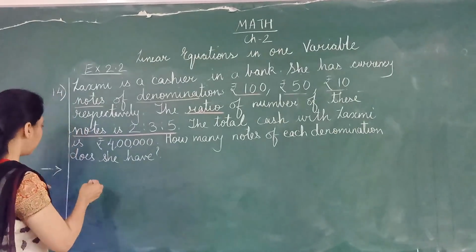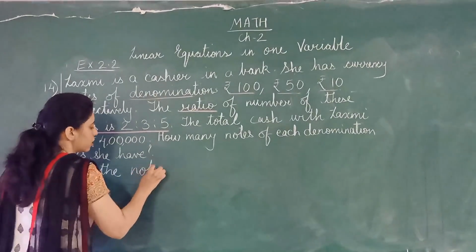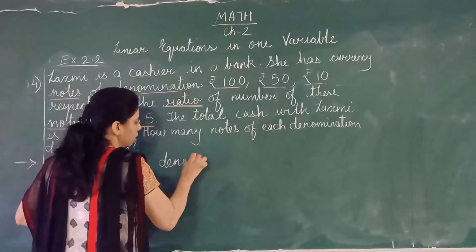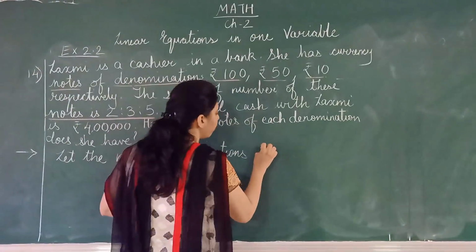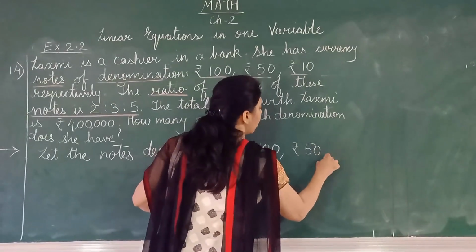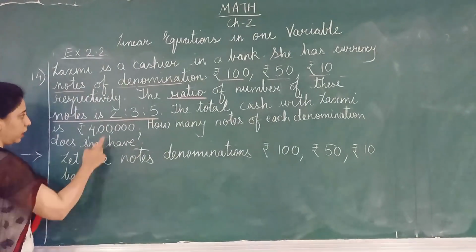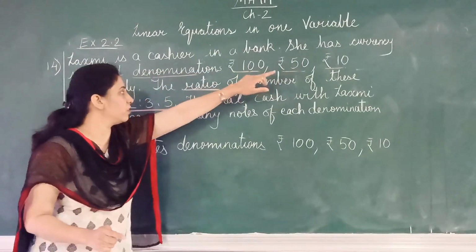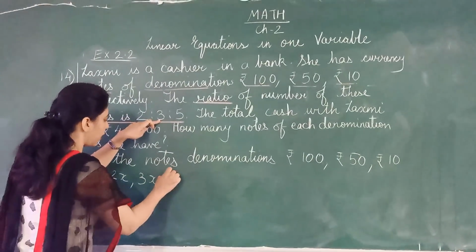Okay. So we'll just write down first. Let the notes of denomination rupees 100, rupees 50 and rupees 10 be 2x, 3x and 5x.